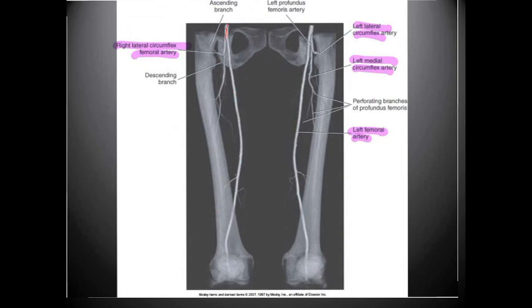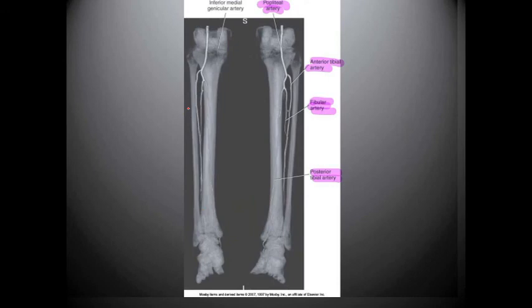Here we can really see this demonstrated on CT. We have common iliacs, external iliac, and then becoming the femoral artery. And as we come down around this area, we become the popliteal artery. Also notice we have the lateral circumflex femoral artery and the medial circumflex artery.